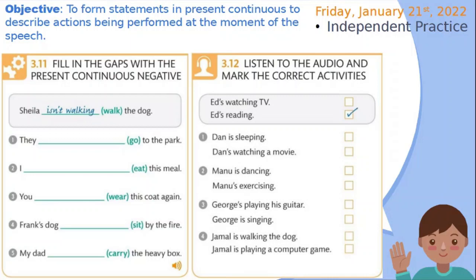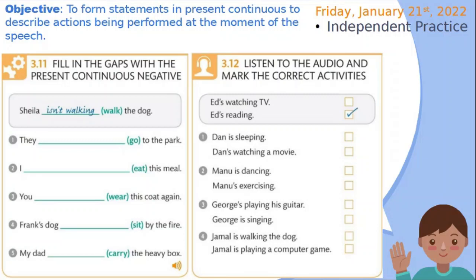Observe the example. Sheila isn't walking the dog. Toma en cuenta que el negative está en la parte B. Sheila isn't walking the dog. Y así vas a hacer todas estas oraciones. So you may just copy the final version. No necesitas copiar la parte del paréntesis en tu cuaderno, pero puedes solo escribir ya la parte, digamos, hecha en el present continuous negative. Okay?